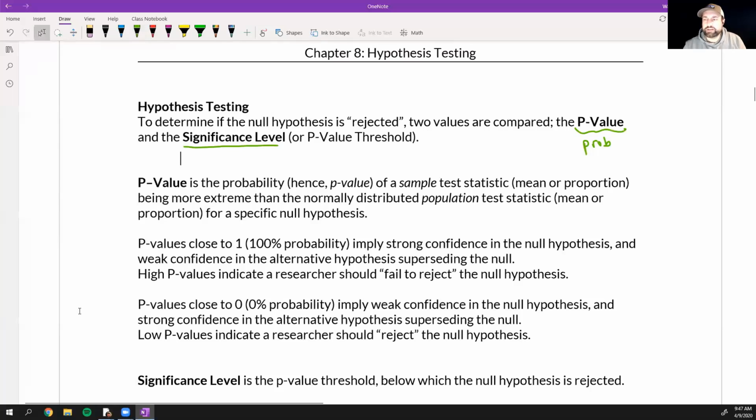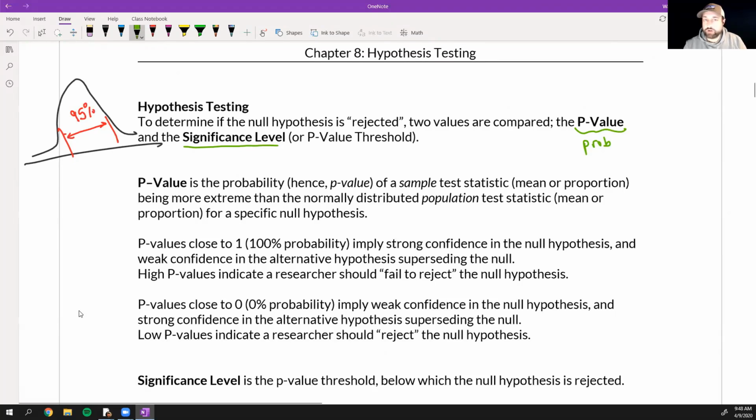The idea is this. We're going to go out and collect some data. It's going to be normally distributed, and we're going to have a certain area. And what we did before with confidence levels, like if you had a 95% confidence, was this region in between here and here, okay?